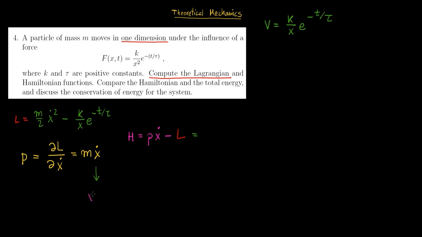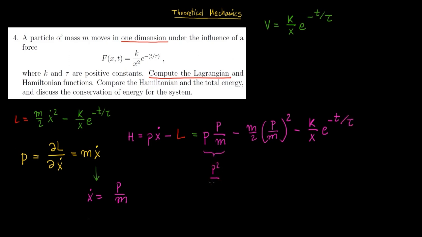So x dot equals p over m, so we have p times p over m minus L, m over 2 times x dot squared, but x dot is p over m, squared, minus k over x e to the minus t over tau. So this is p squared over m, and this is minus a half p squared over m.